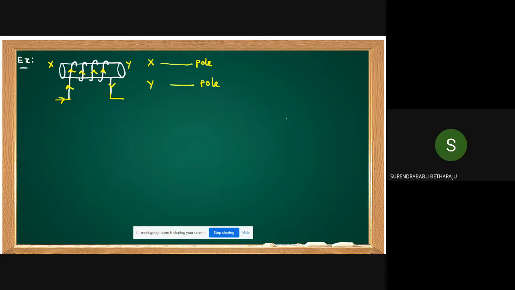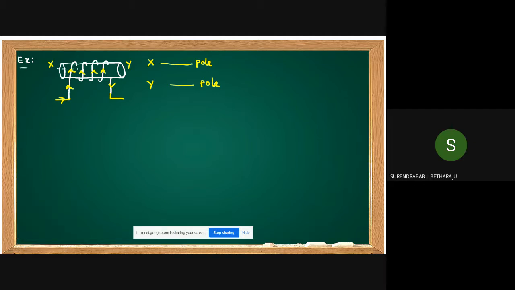Very good. Apply the right hand thumb rule. Take the right hand: curled fingers indicate the current direction, and the thumb indicates the flux direction. That means the flux lines are moving like this.